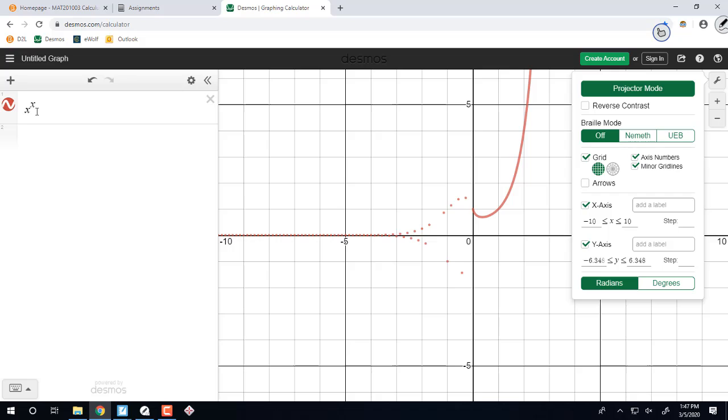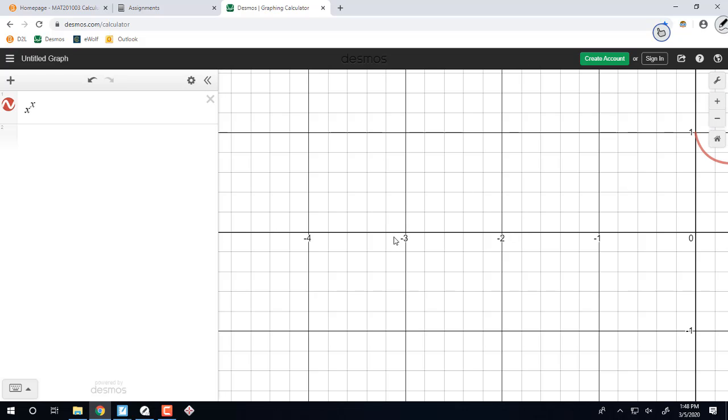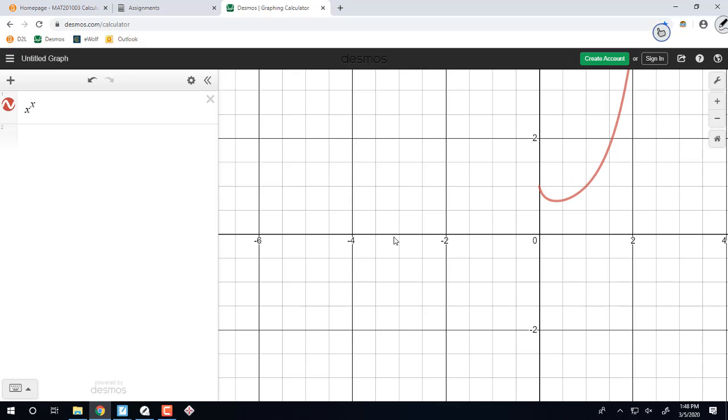So why would an x to the x be defined for some of these values? What's a situation where what x value wouldn't work here? For instance, what could we not compute if x were... so we see, I don't know if I zoom in they might go away, but we could certainly define -2 to the -2, right?